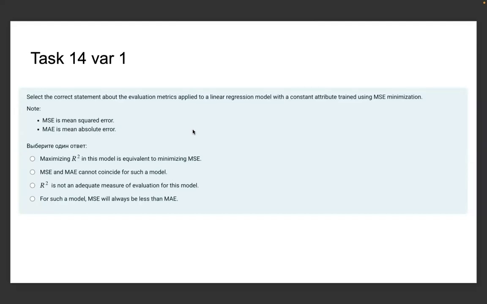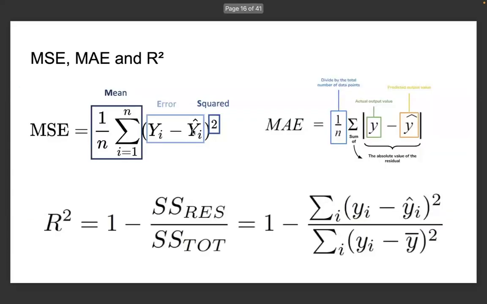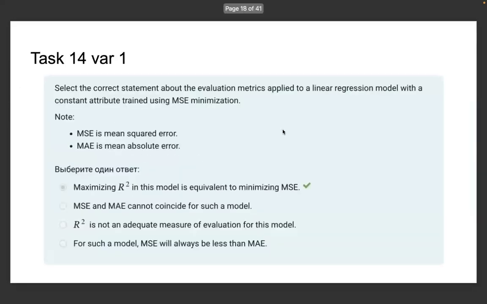For such a model, MSE will always be less than MAE. It's false too, because for example, if everything is correct in both MSE and MAE, we'll have zeros. And yes, the first is the correct answer.